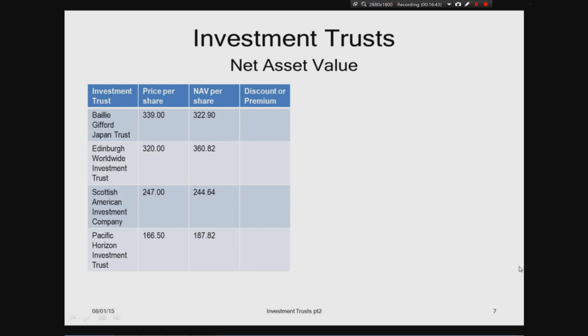Paul, if you can do the figures, that'd be great. If you don't want to do the figures, just tell me whether they're trading at a discount or whether they're trading at a premium. Well done, Clive. First one done.